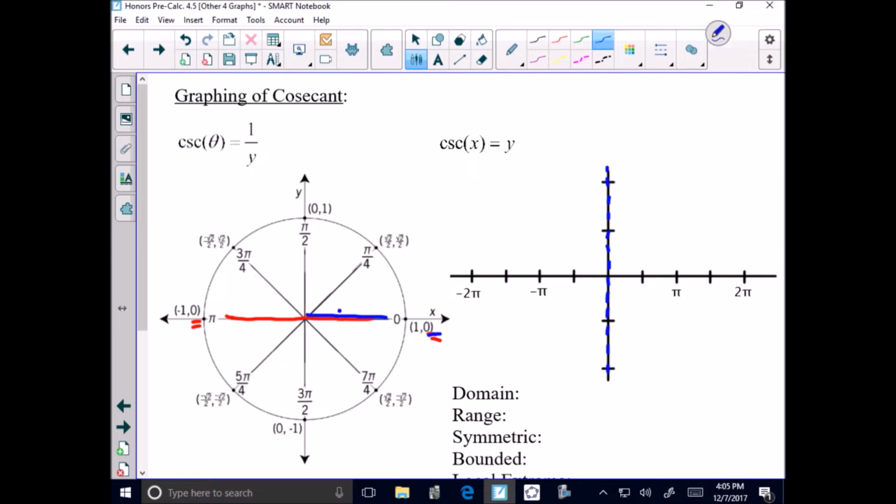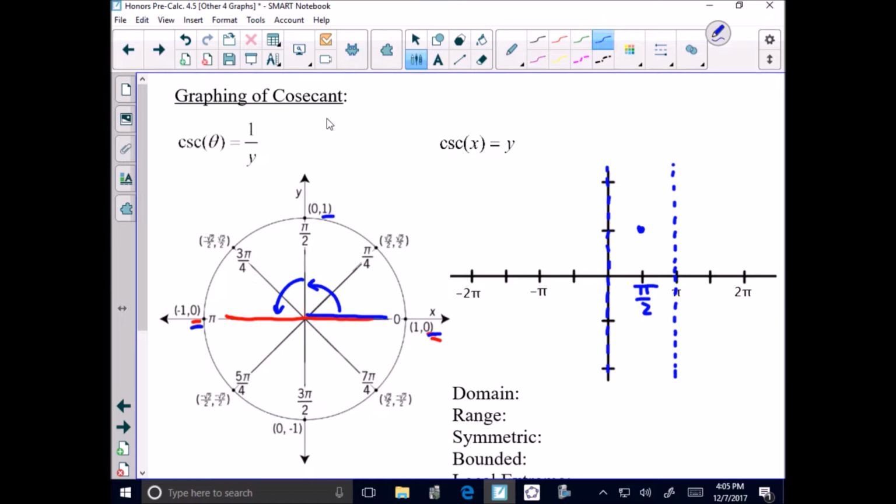As we rotate to pi over 2 in a quarter of rotation, we see the y value is 1, and we would get 1 over 1, or 1, as the function value at a rotation of pi over 2. Rotating to pi, a half rotation, we would see a y value of 0, and that of course would give us a vertical asymptote halfway through one period of our graph of cosecant.